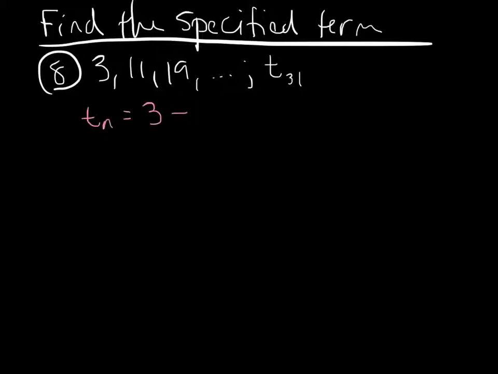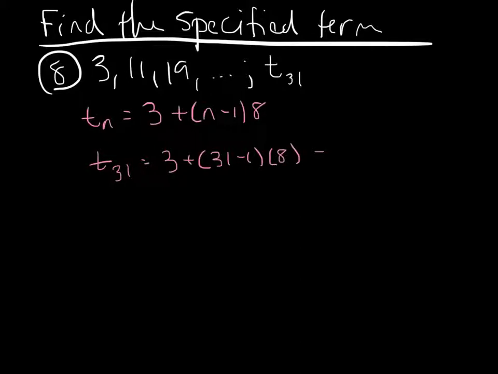T sub 1 is 3, d is 8, so I don't have to do anything more than that because I want to know t sub 31. So t sub 31 is equal to 3 plus 31 minus 1 times 8. So we've got 3 plus 30 times 8, or 243.